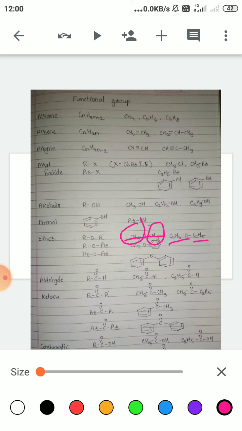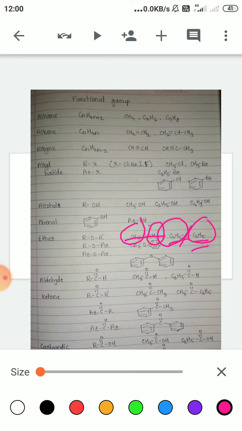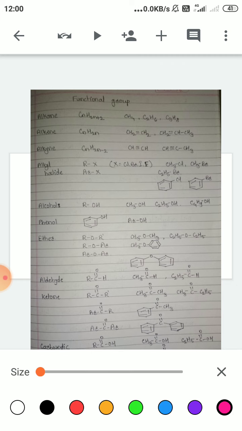C2H5OC2H5, that is an ethyl group, and as it contains two ethyl groups, the name of the compound is diethyl ether. Now we can substitute the valencies of oxygen by one alkyl group and one aryl group also, and therefore the next example we can see is methyl phenyl ether.